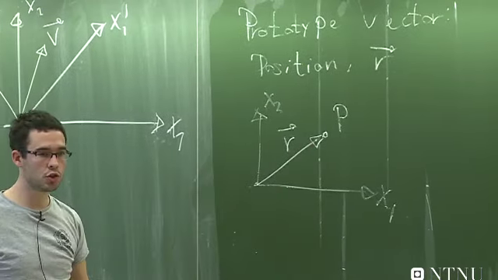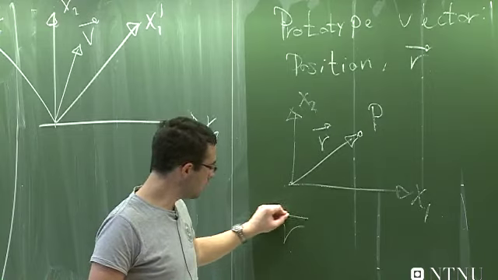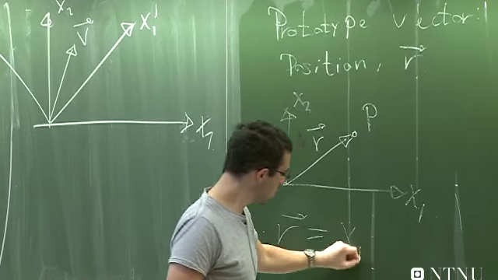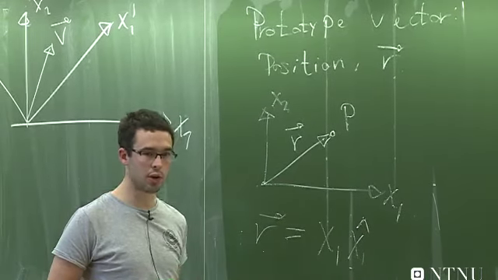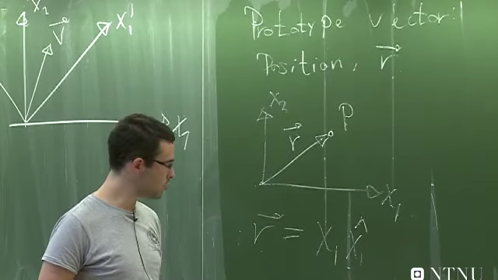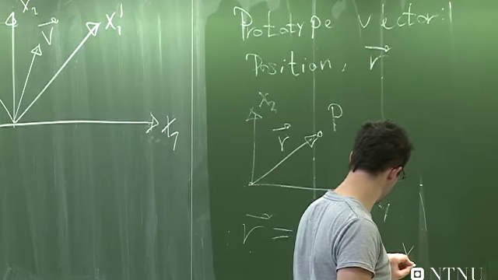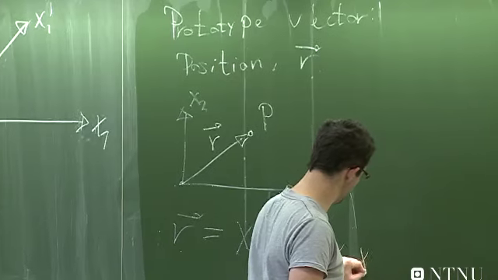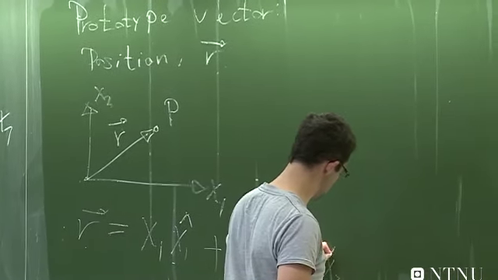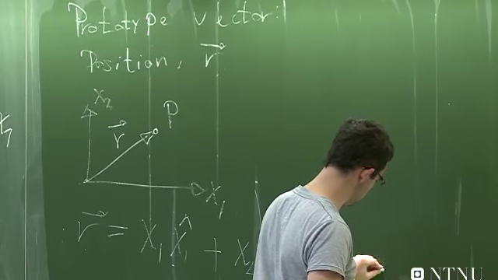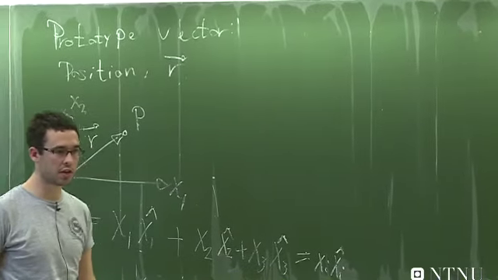So the vector R just points at a point P in space, and we can write it in terms of its components as x1, the first component, times x1 hat, the unit vector in the x1 direction, and so on for the others. Or in the summation convention, just xi, x hat i.